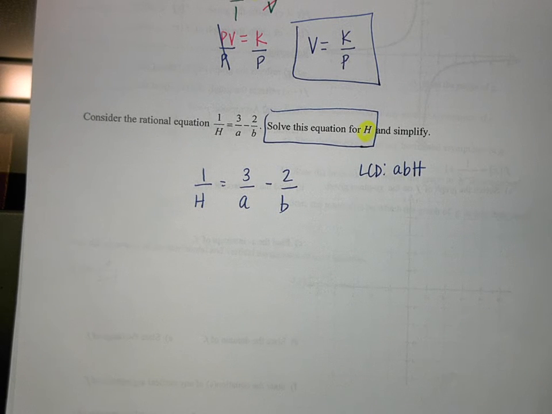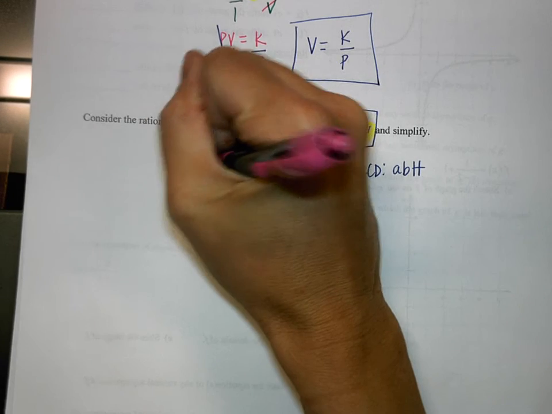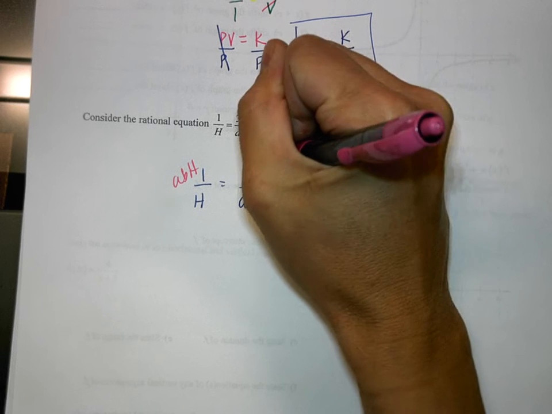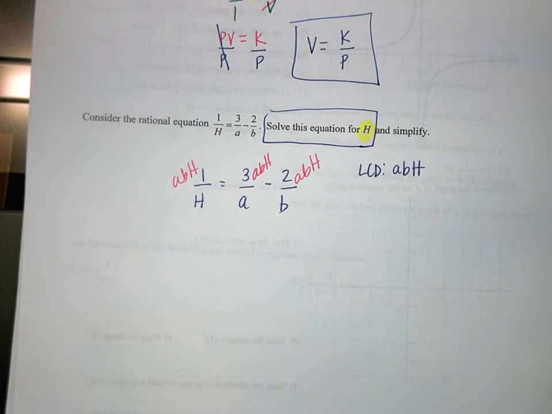Does anybody have questions right now? Okay, so now what do I do with my LCD? Multiply to every single term. A, B, H, A, B, H, and A, B, H. The first fraction, what happens? The H cancels out. Very good.